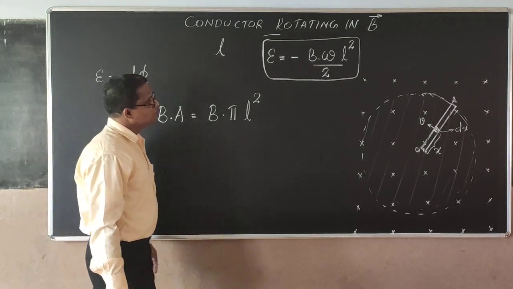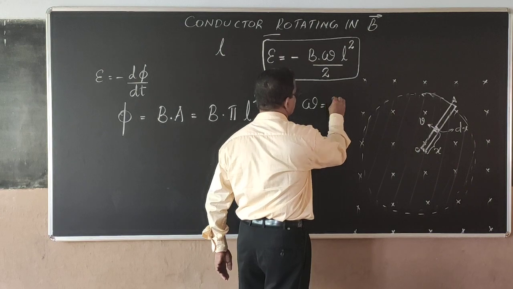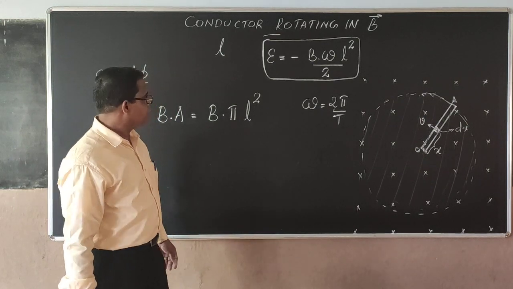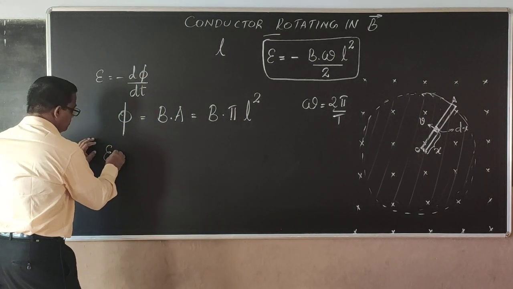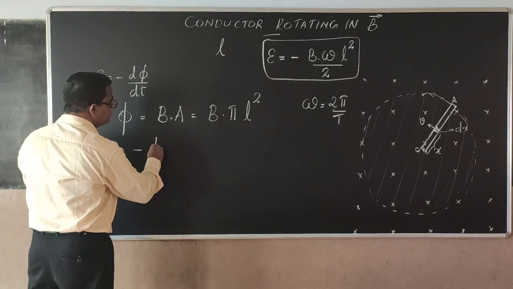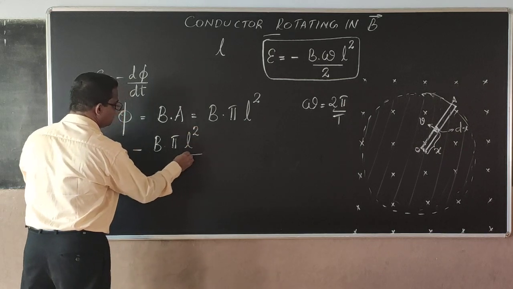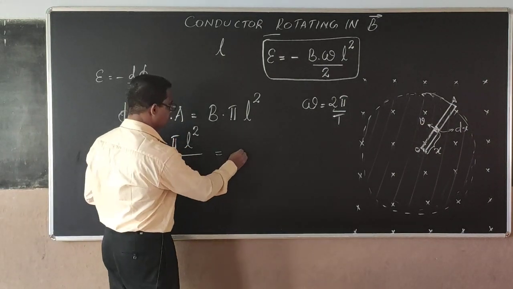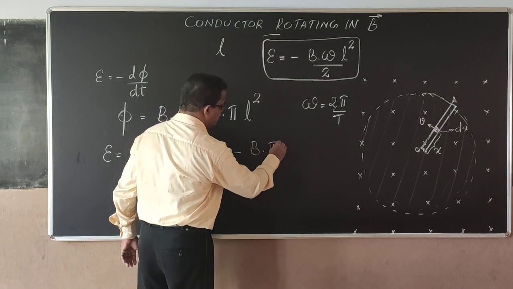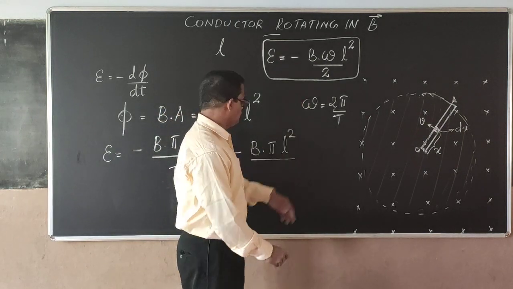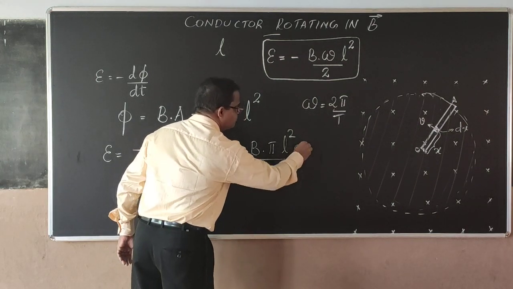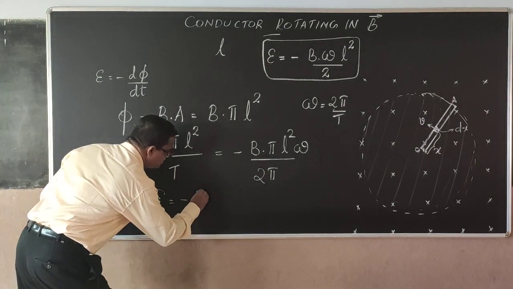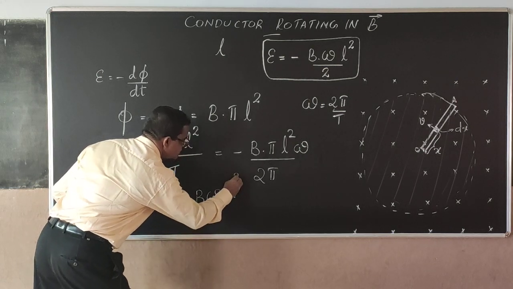Now if it is rotating with an angular velocity omega, that omega equals 2 pi by T. Therefore, you get induced EMF E equal to minus B into pi into L square divided by T. When I substitute for T, which is 2 pi by omega, induced EMF is equal to minus B omega L square by 2.